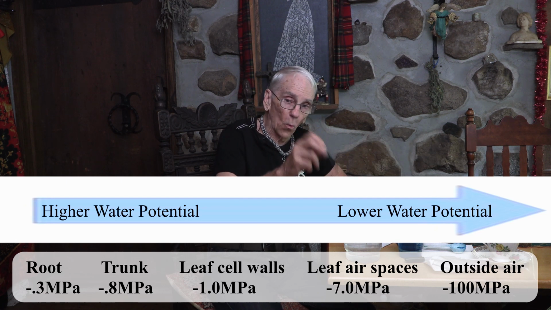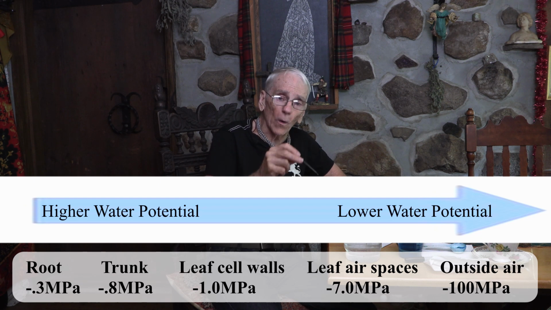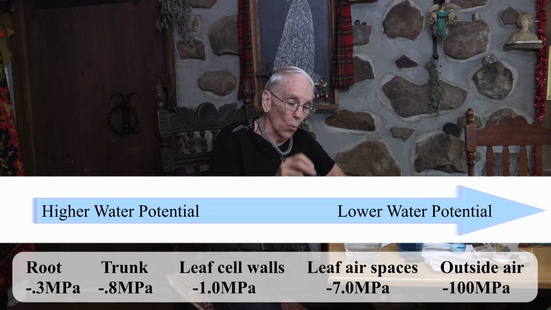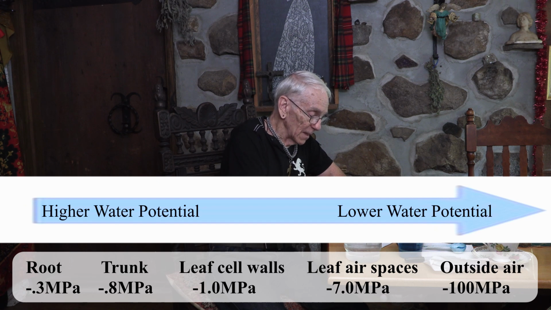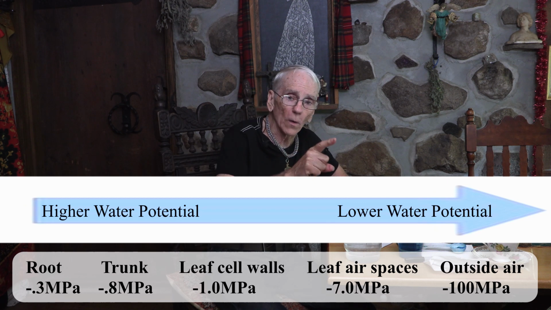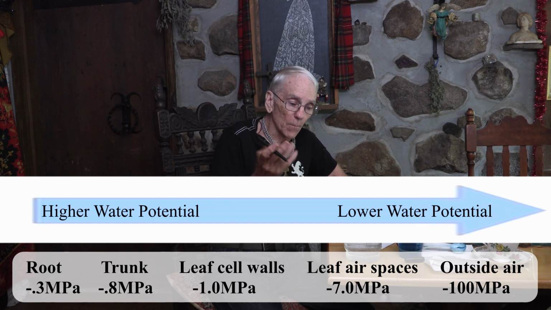We've been talking about water energy, water potential gradients all through this video. Water wants to travel from a level of higher, and -0.3 or -0.03 is much higher. It's higher than -0.5, higher than -0.8. So water wants to go in that direction. And the -100 is a strong pull.